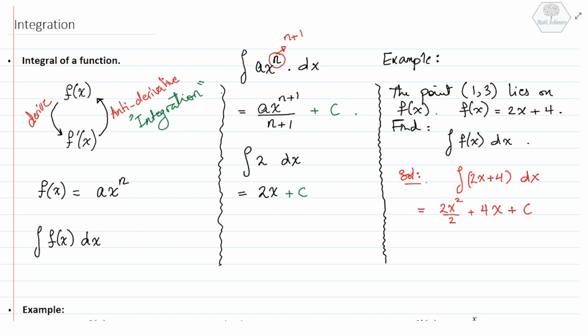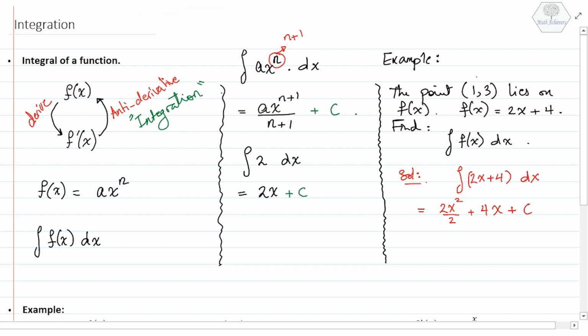Now, to find c, we simply use the coordinates of this point. So I know when the x is equal to 1, the y value is equal to 3.